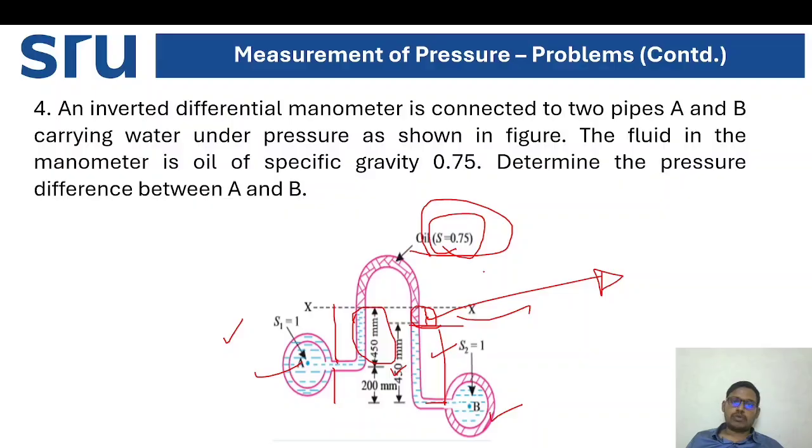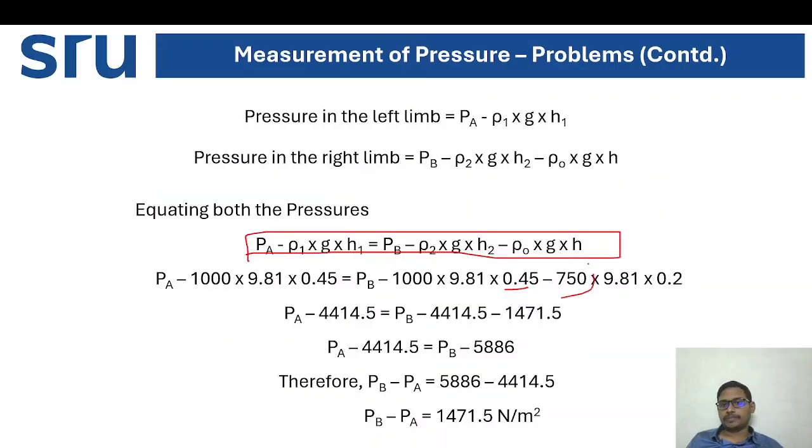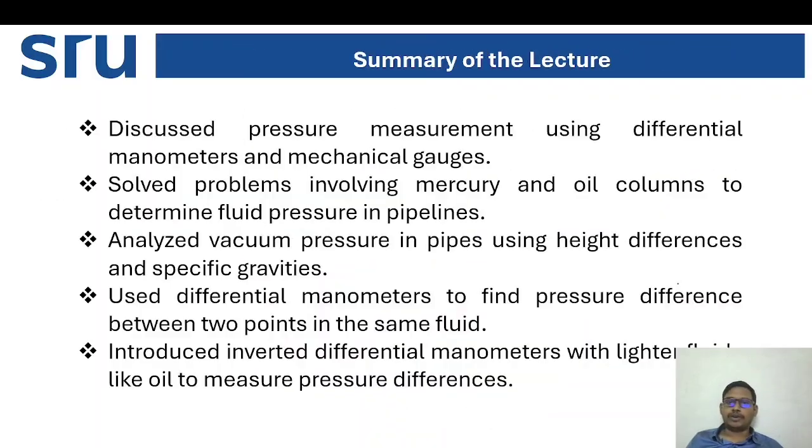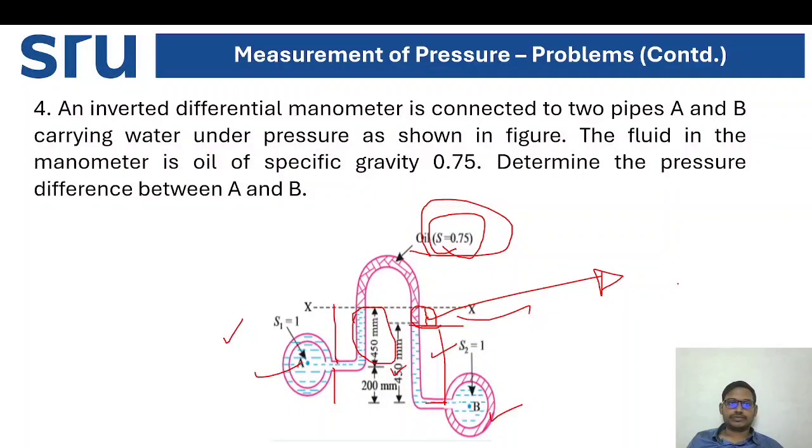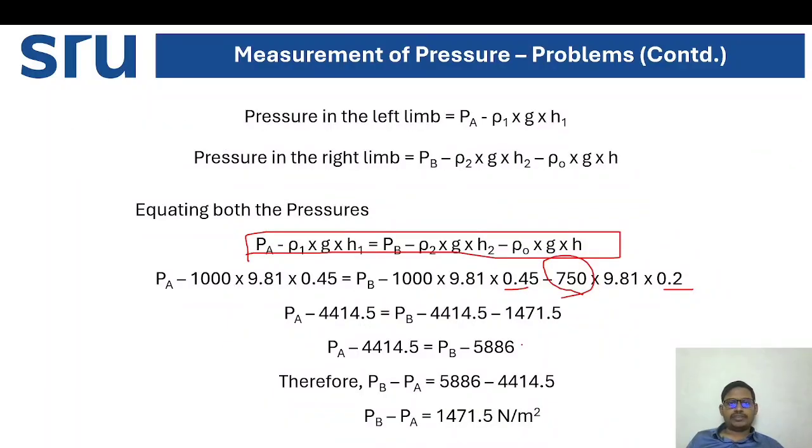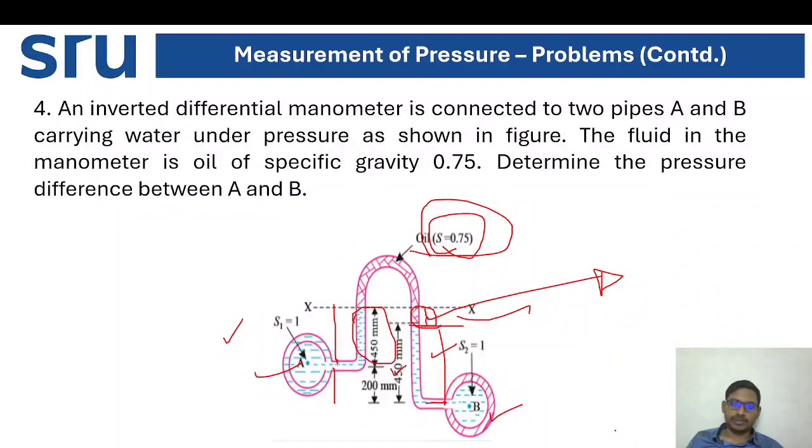See, 0.75 is nothing but 750 into 9.81 into 0.2. If you are solving you will get Pa minus Pb, the difference in the pressure, is 1471.5 Newton per meter square.